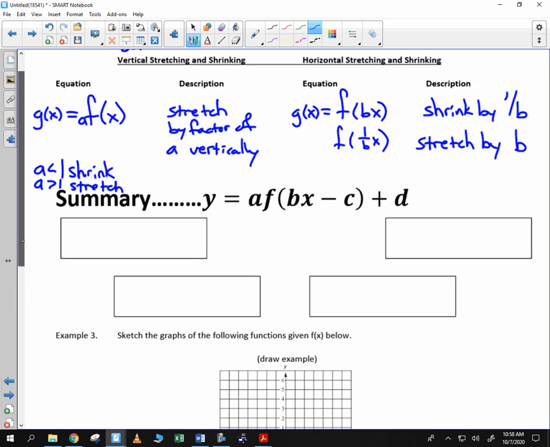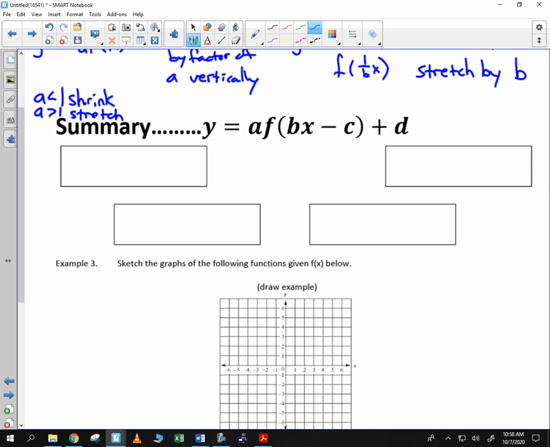So let's look at the summary of all the different things that we've looked at. We've looked at having a number multiplied on the outside, a number subtracted on the inside, a number added on the outside, a number multiplied on the inside. What happens with this d value here is that this is a vertical shift, d units.